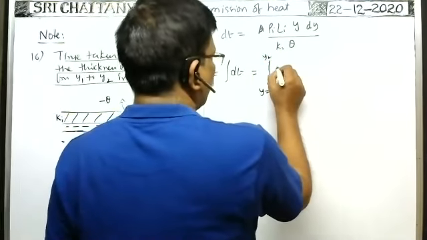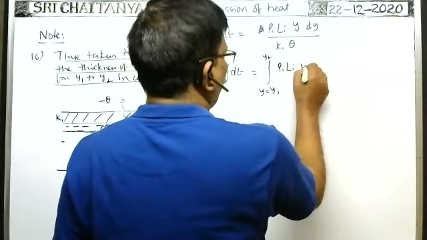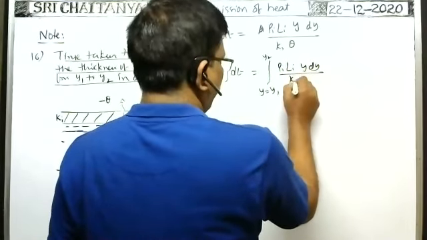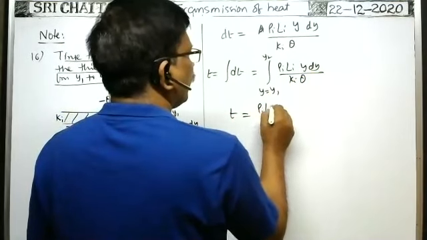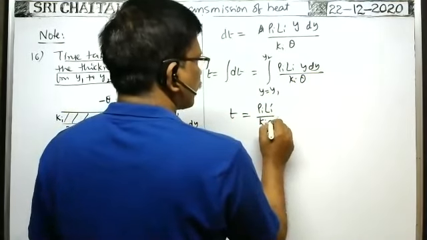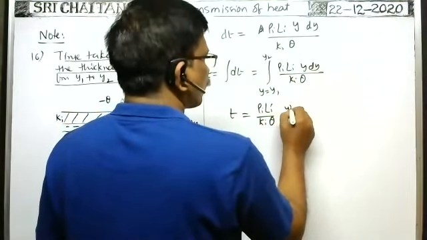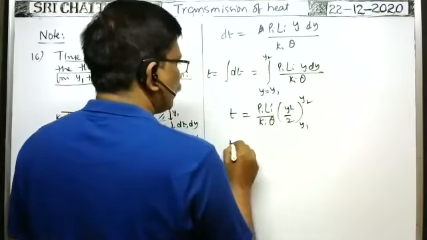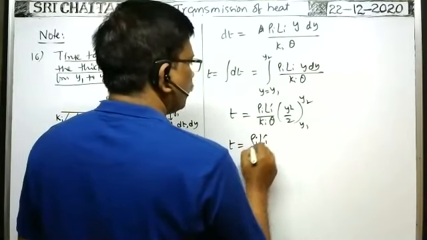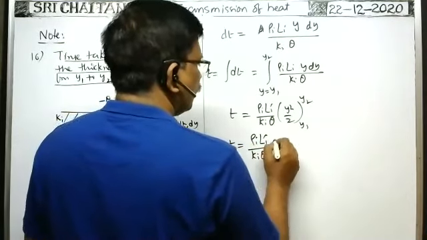You do integration: rho I Li y dy by Ki theta. Therefore t is equal to rho I Li by Ki theta, which is constant. Integral y dy means y square by 2, limits y1 to y2.